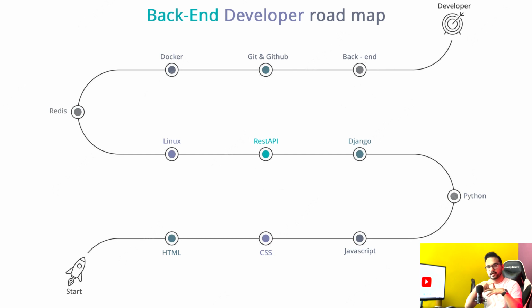After learning Django and Python, you need to know a database like PostgreSQL or SQL Server, and after that Linux, Ubuntu, and then use Redis and Docker to make your services fast and supportive for your servers.